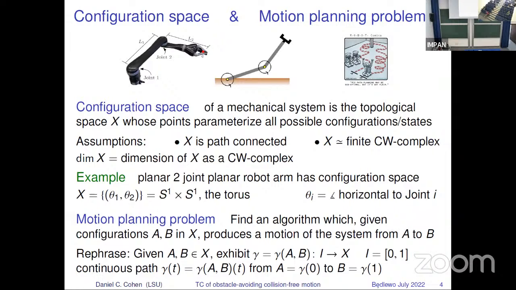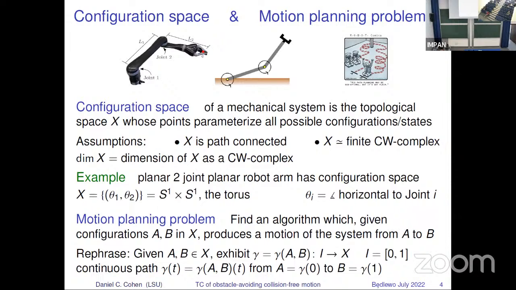So here's the motion planning problem, slightly formally, I guess. We'd like to find an algorithm which, given an initial state of your system and a terminal state of your system, produces a continuous motion of the system from the initial state to the terminal state.